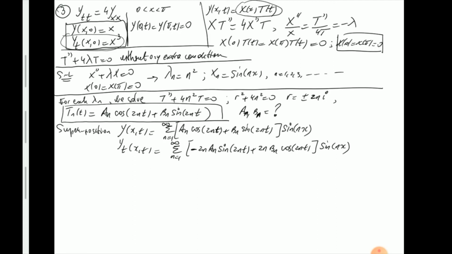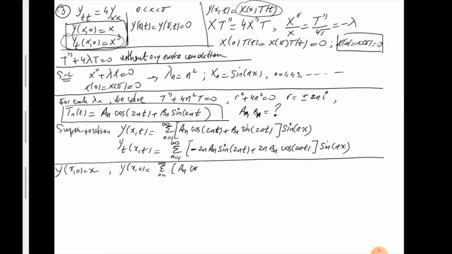And now let's plug in the conditions. y of x,0 should be x. So y of x,0, notice, is going to be the summation from 1 to infinity of an cosine of 0, which is 1, plus bn sine of 0, times sine of nx, which ends up being the summation from 1 to infinity of an sine of nx, equals x.